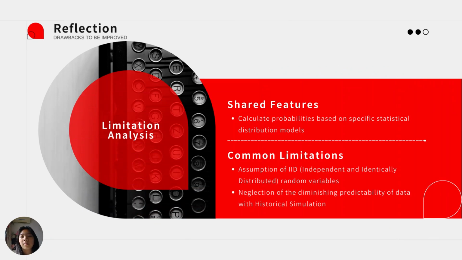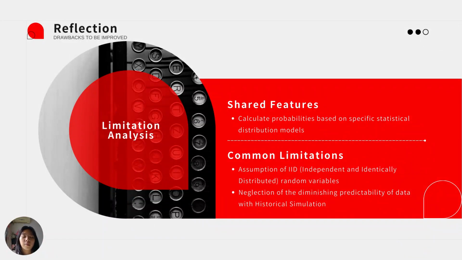However, there are some general challenges faced by the models. Most of the models base their calculations on specific statistical distributions, which often have the assumption of IID, but that is not actually the case for many real cases.